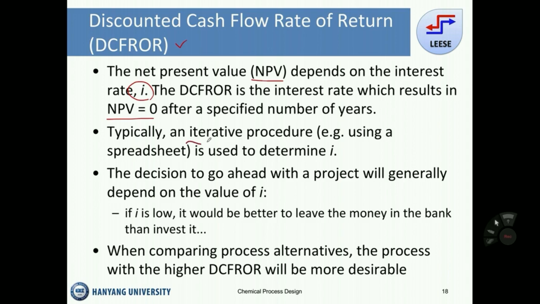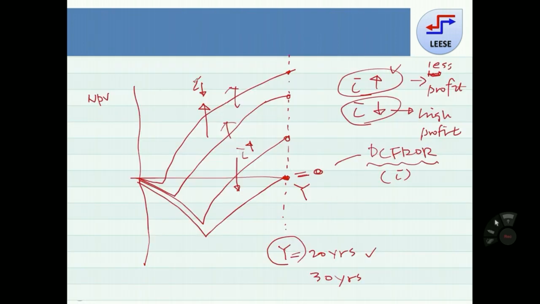So we need some iterative procedure. Based on the I, we calculate NPV. If the NPV is bigger than 0, then I reduce the interest rate, then calculate again.